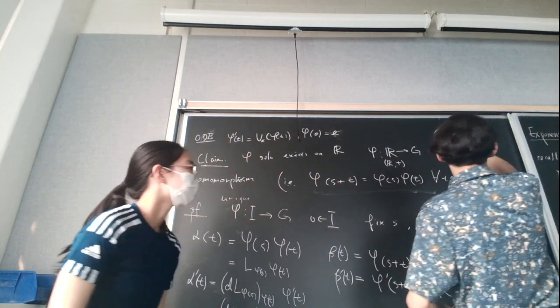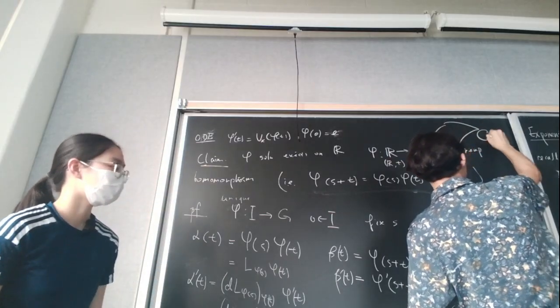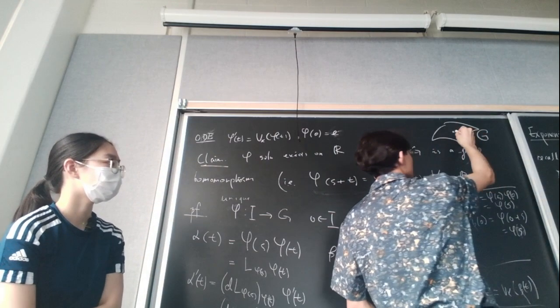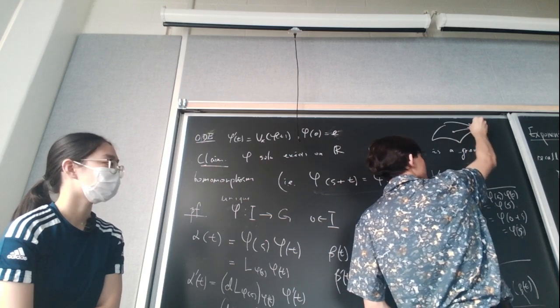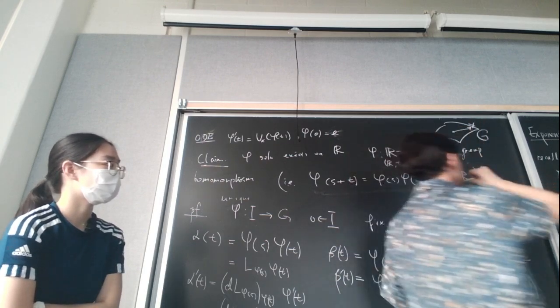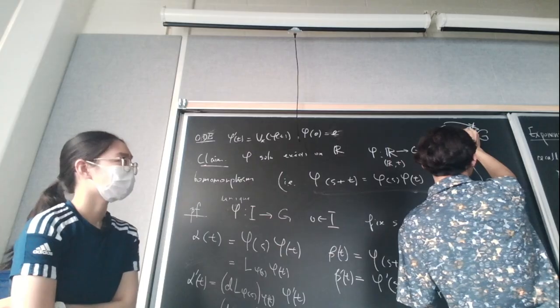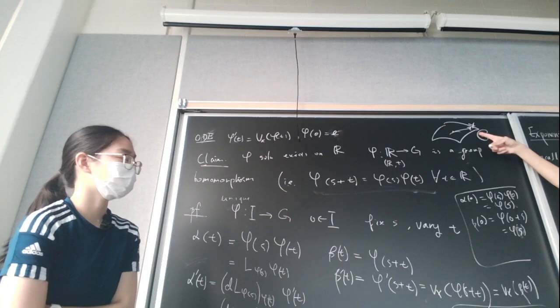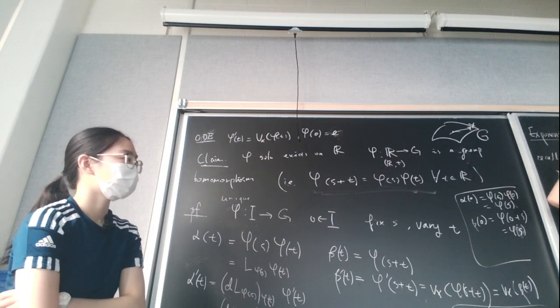Right. So you can imagine this: you have your group G, and you have the identity. We took some direction x, and we found some small one parameter family which solves the equation and goes in this direction.